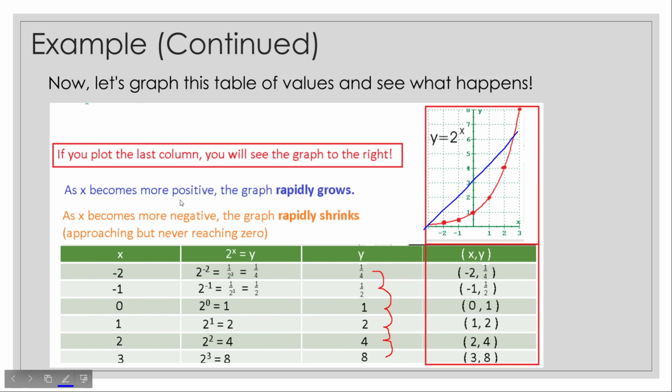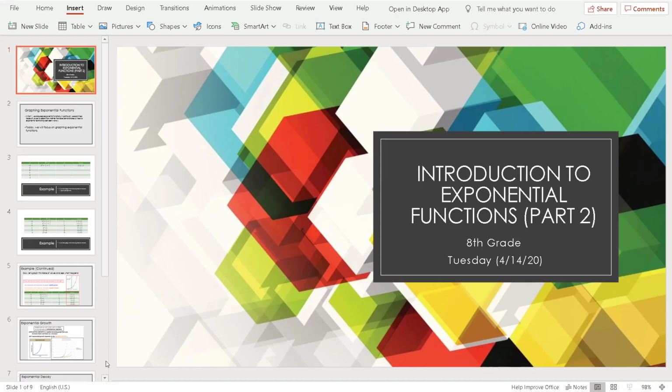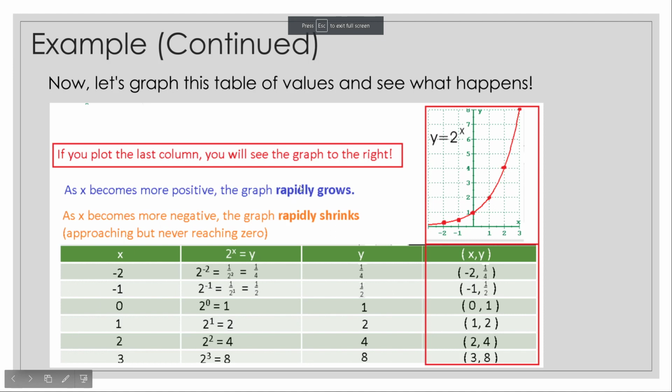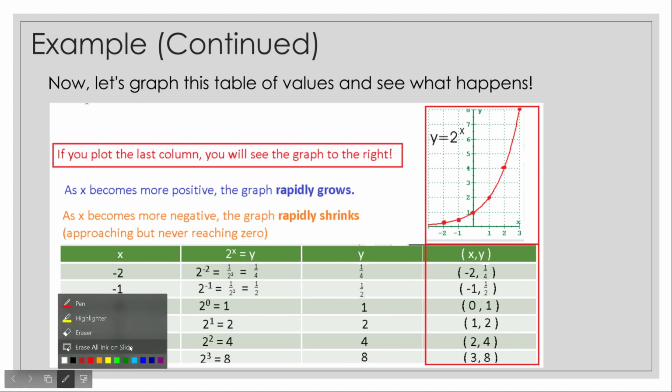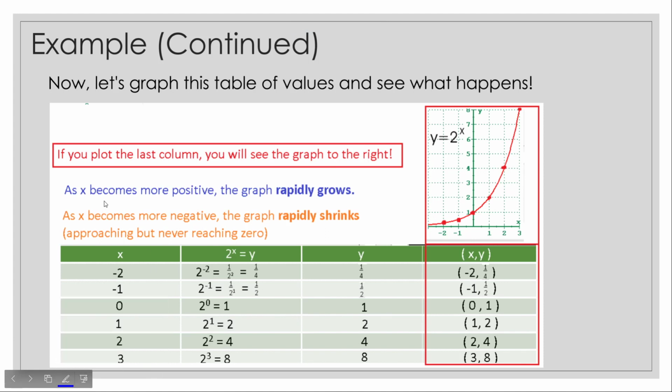So as x becomes more positive, this graph rapidly grows. I'm going to get rid of this blue ink here. Oops. Okay. So as x becomes more positive, the graph rapidly grows. We've already talked about that. Now as x becomes more negative, as it goes this way, the graph rapidly shrinks.